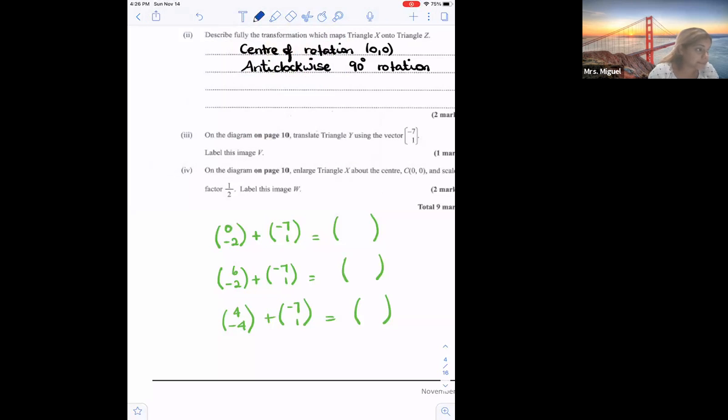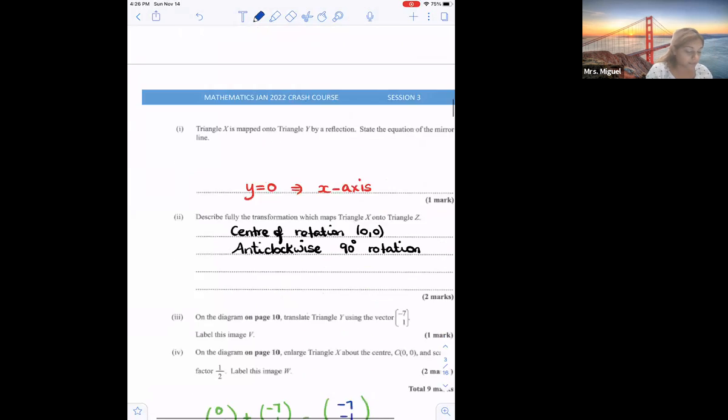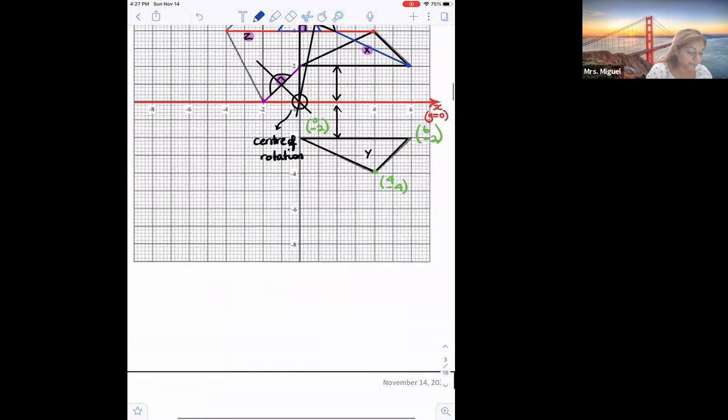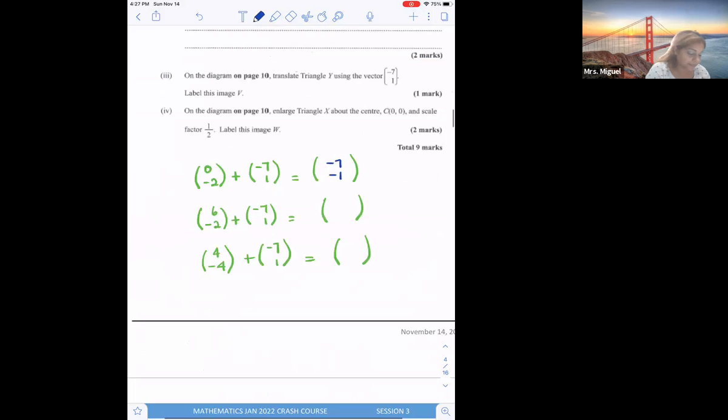Here we will get -7, -1. So on our drawing, we have -7, -1. So this is my first coordinate here. Then we have 6 minus 7 is -1, and -2 plus 1 is also -1.